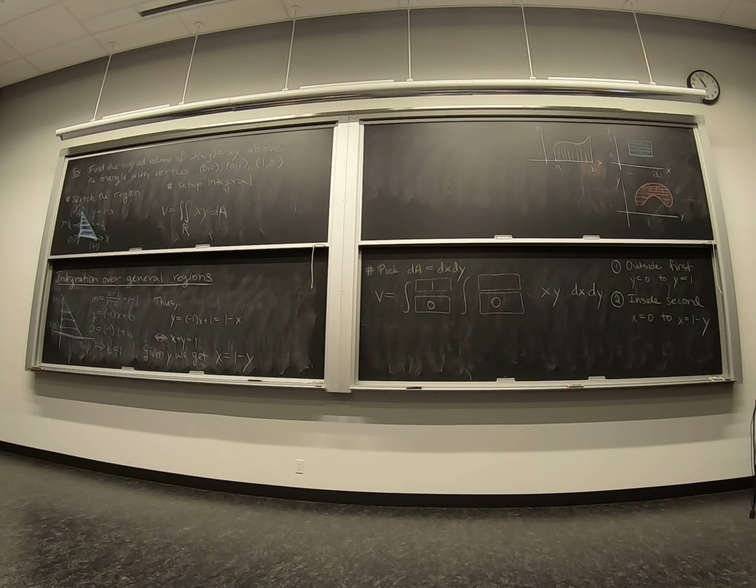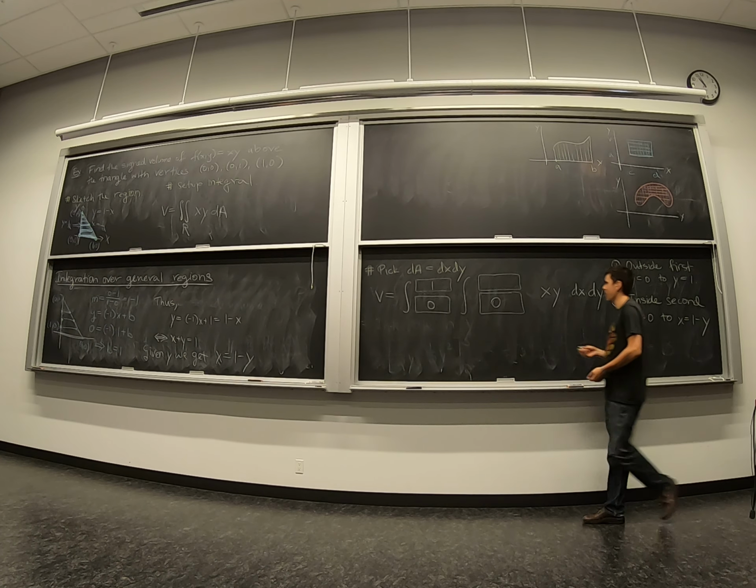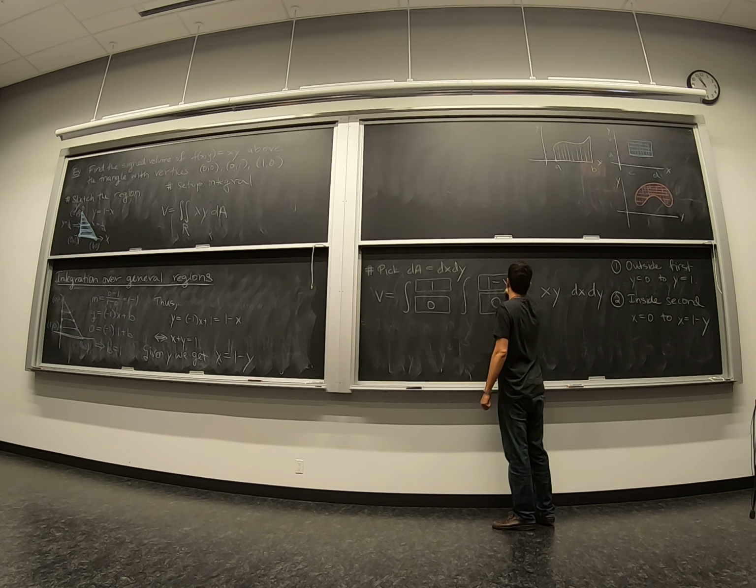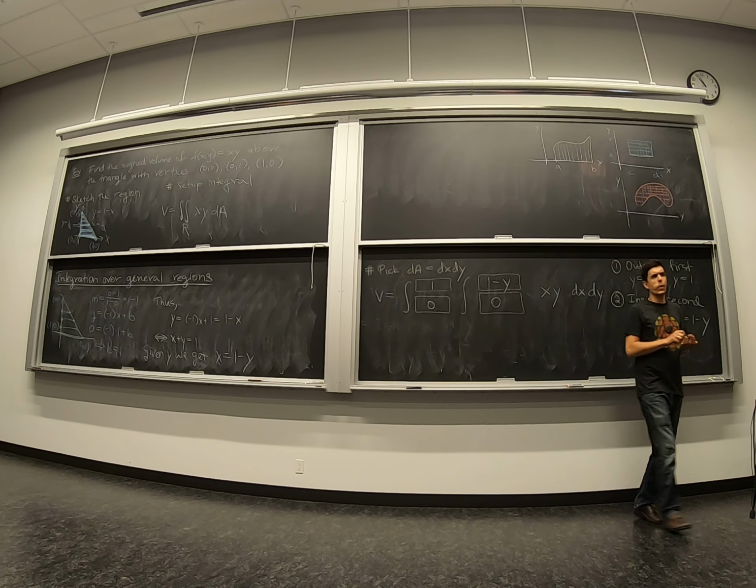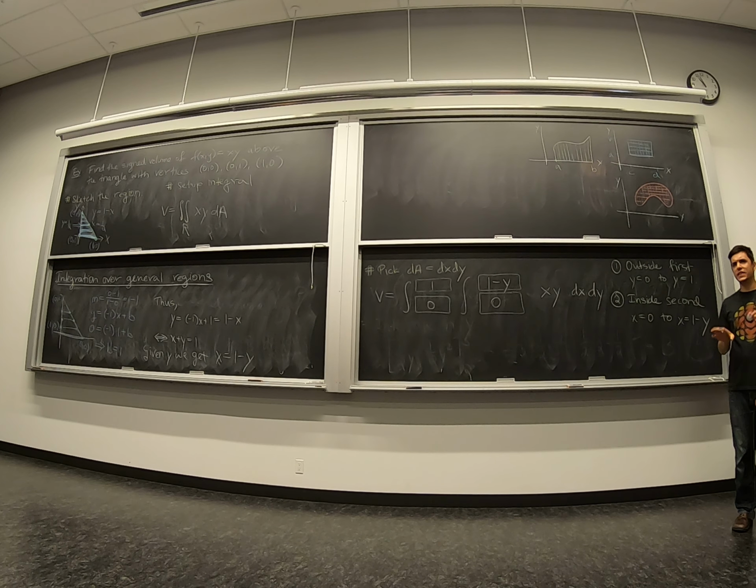Okay, so our upper bound there is 1 minus y. How do we check that that makes sense? That that is the right upper bound?